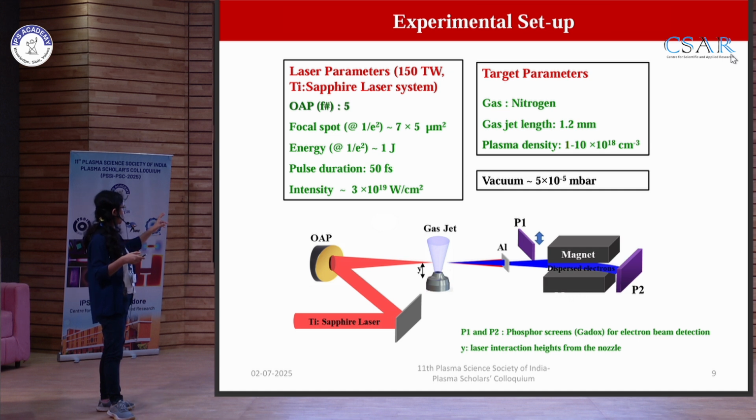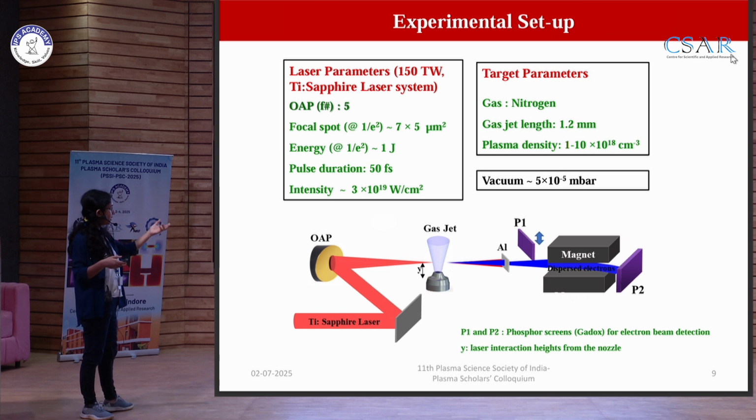After laser and plasma interaction, electron beams were generated, which were first detected on the phosphor screen P1 to get the electron beam profile and pointing information, and then dispersed in a magnetic field of the order of 1 Tesla, and its deflection distance was measured on phosphor 2 to get the electron beam energy information.